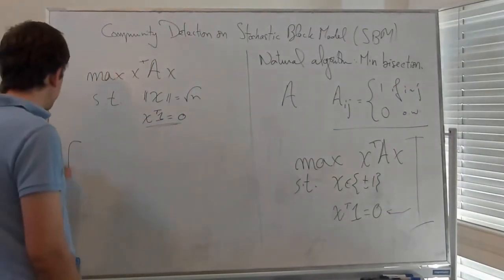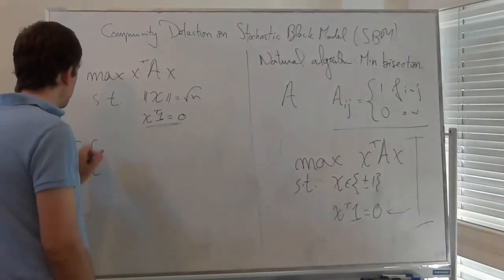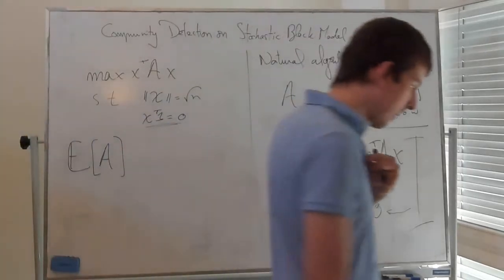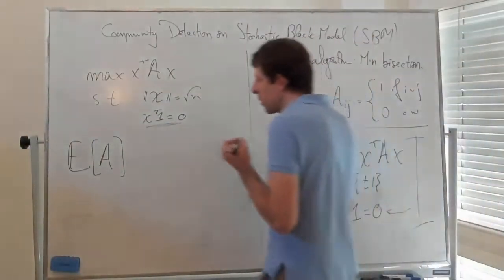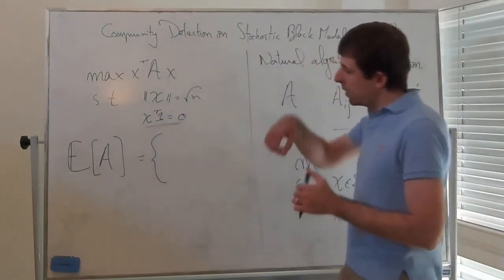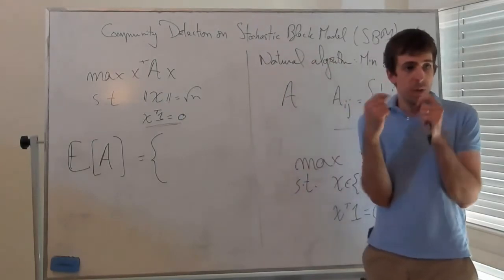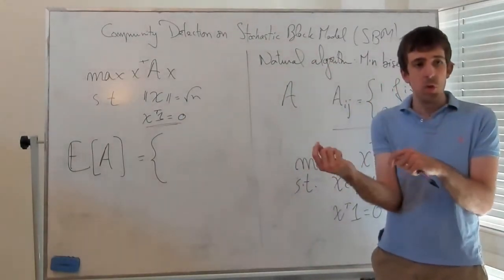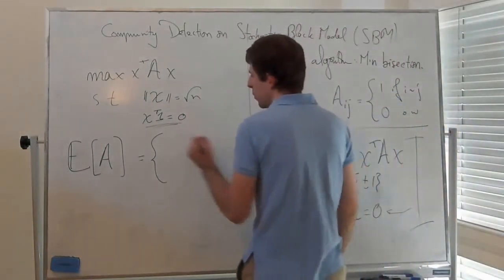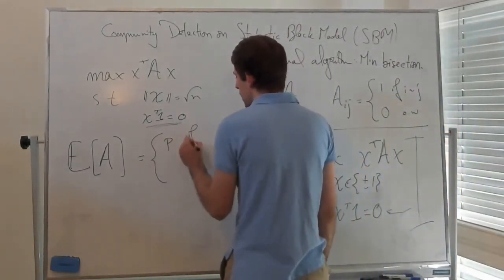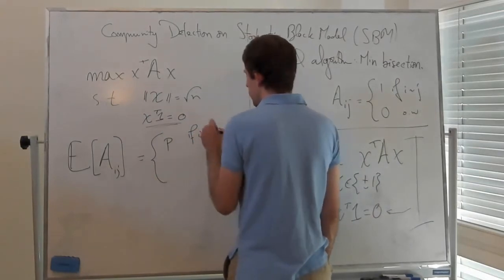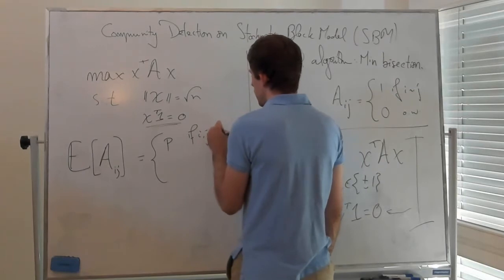In particular, if we have a random variable, the natural thing to do is to take its expectation. What is the expected value of A? The expected value of A is the matrix where you get an edge with probability P if they're in the same community. So it has value 1 with probability P and 0 otherwise. So it has expected value P for entry I, J if I and J are in the same community.